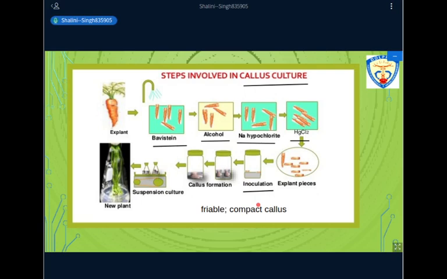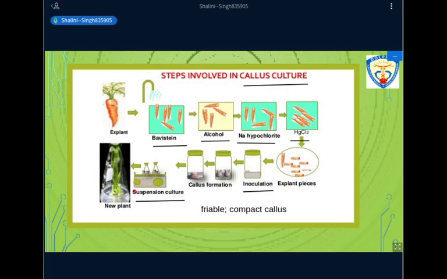This callus can be used to do suspension culture. Suspension culture is very easy. You take this callus, suspend it into liquid medium and shake it with the help of a shaker.